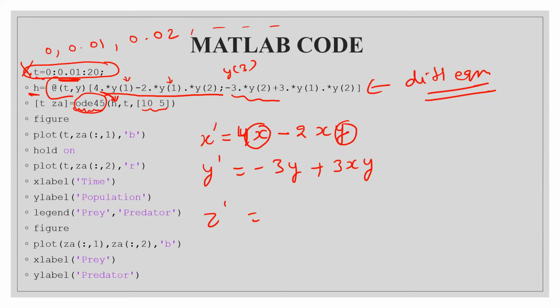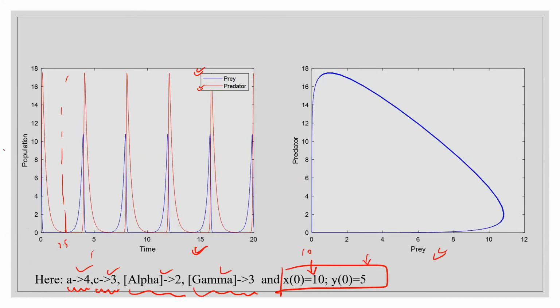This is for Rabbit, this is for Linux. So now it will solve this differential equation on its own. This is just a 2-line code and it will give you the solution, whatever I have shown you over here.